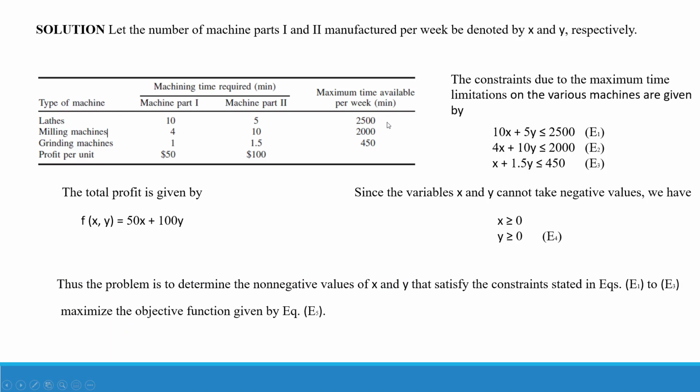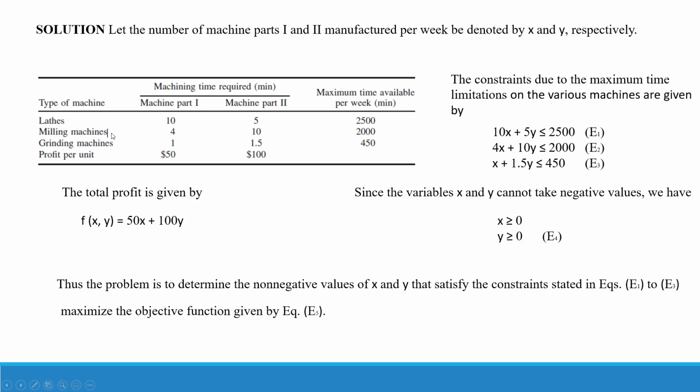First we need to create the equations. The first equation, for the lathes, is 10x plus 5y less than or equal to 2,500 minutes.